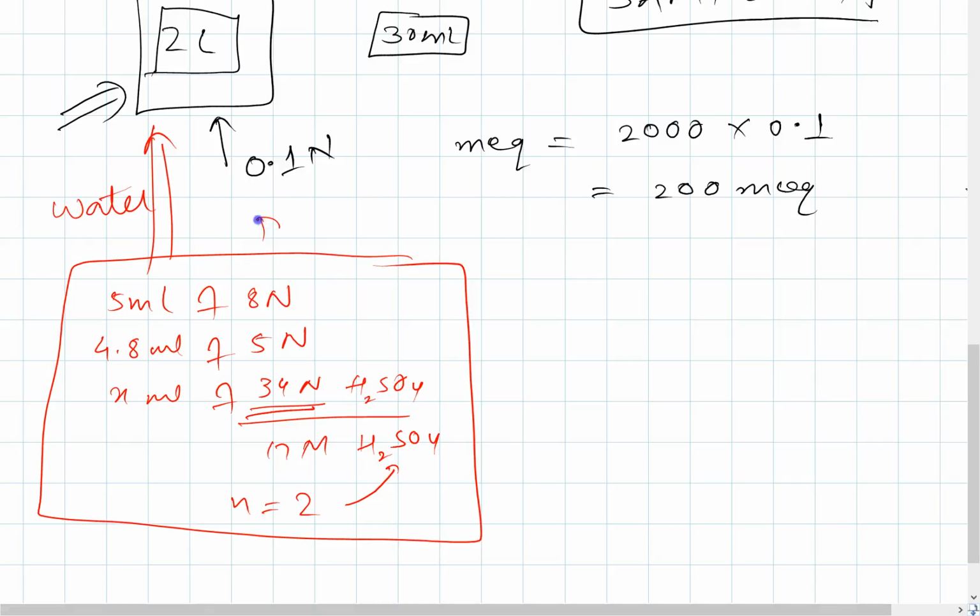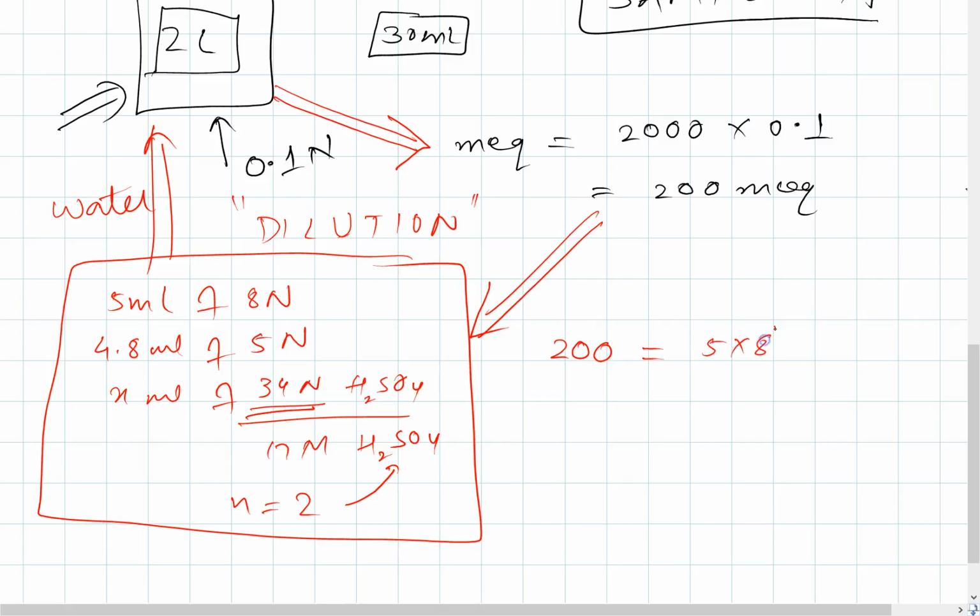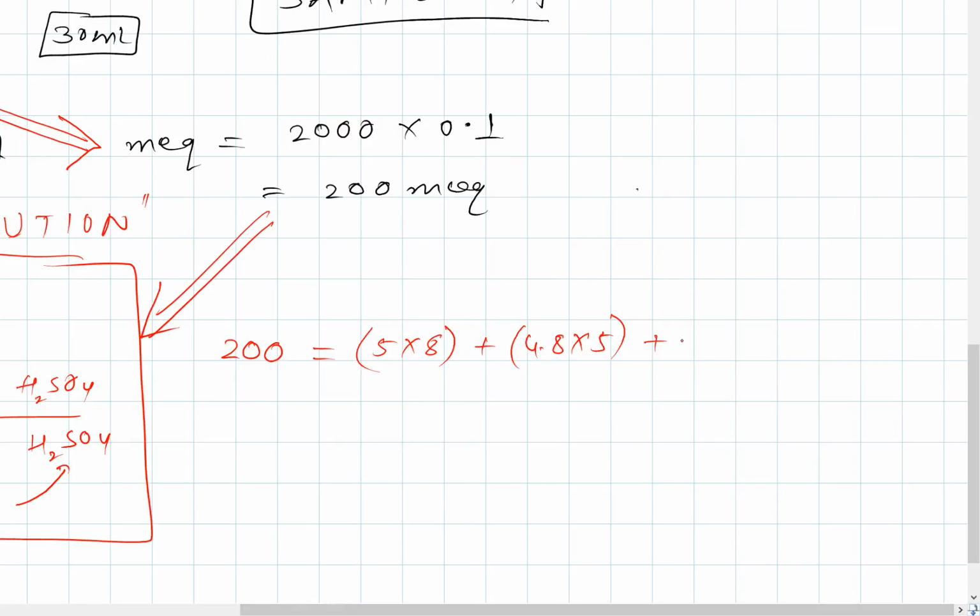This process is called dilution. In dilution, the concentration will change, but the number of milli equivalents will remain the same. So whatever number of milli equivalents you had in 2 liters will be the same as what you had added initially. So this 200 must be equal to 5 into 8 plus 4.8 into 5 plus x into 34.